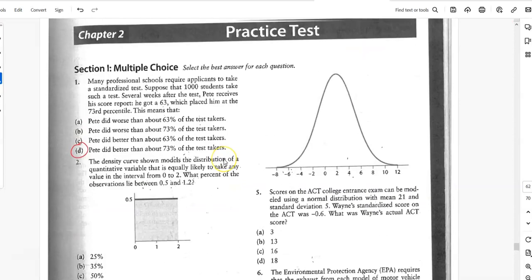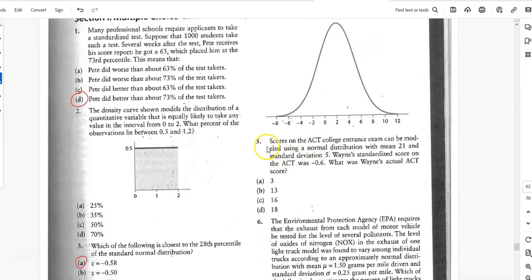ACT scores can be, okay, cool, with a mean of 21. What was Wayne's actual score? So we know the z-score was negative 0.6. The z-score is the value we don't know, minus the mean of 21, over the standard deviation of 5. We're basically solving that.